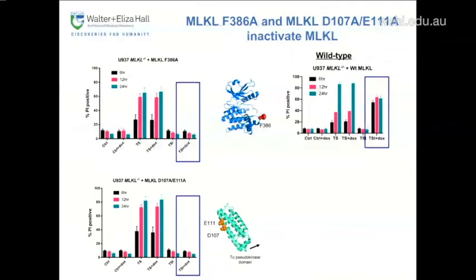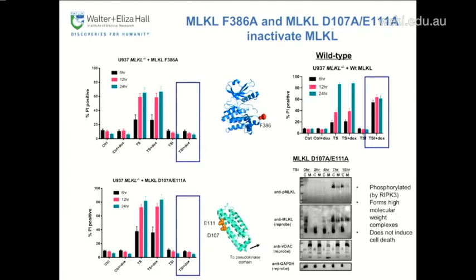And the second mutation is a double mutant, D107A, E111A, and this actually occurs in the four helical bundle domain, so in the third helix of that. And this one also completely blocks MLKL activity, but what is really interesting about this one is it's still phosphorylated by RIP3, and it still forms these high molecular weight complexes, although you see the complexes forming quite evenly in both the cytoplasm and the membrane, which is not typical from what we see in normal progression of necroptosis.